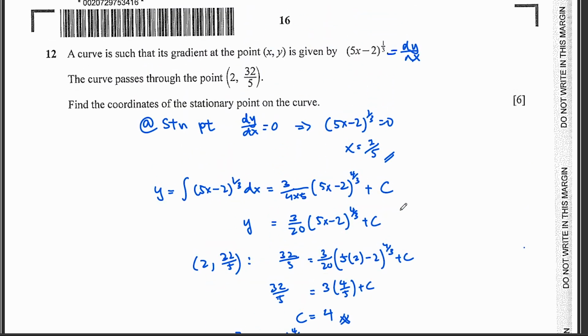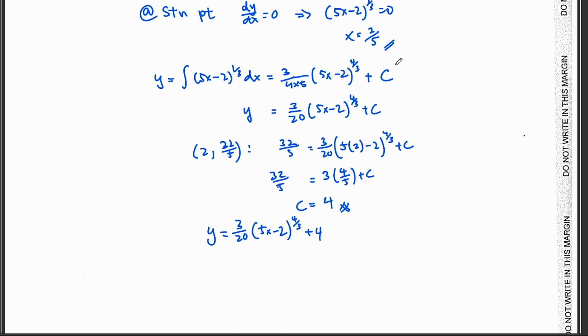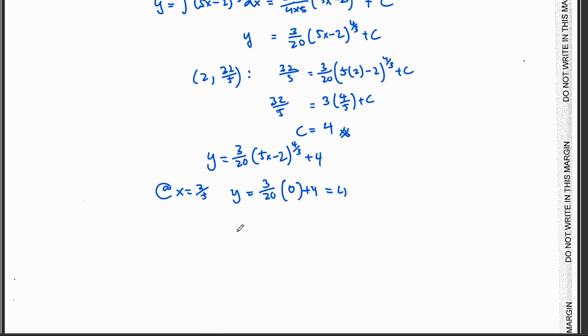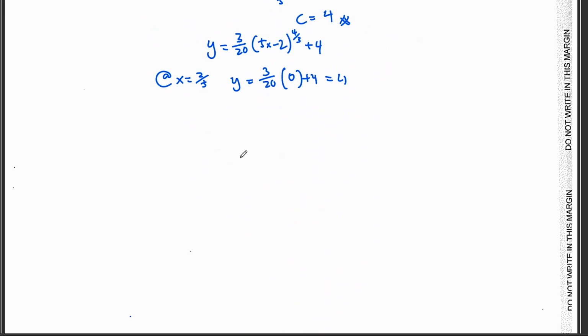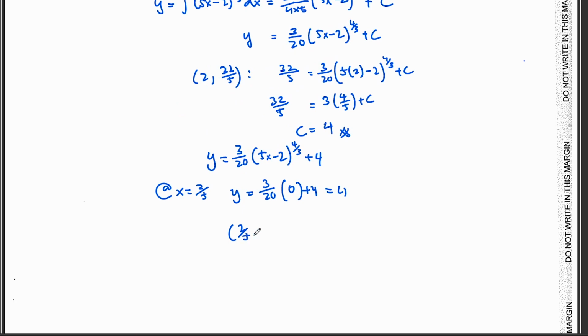Now we can find the y-coordinate by substituting our x-coordinate inside. So at x is 2 over 5, y will be, so that's it. So the stationary point will just be 2 over 5 and 4.